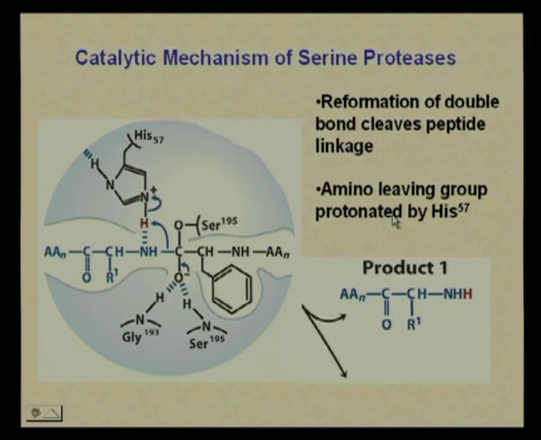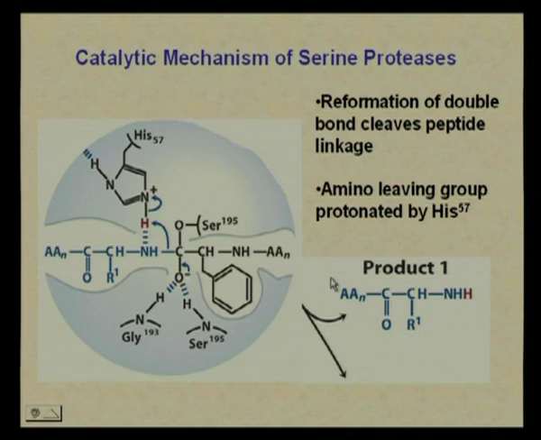It is acting as an acid, because it is protonating this. Initially it acted as a base in taking up the H from, where did it get the H from? From the serine. So, it got the H from the serine and now it is giving the H to the NH part of the polypeptide chain to form the NH2. So, this is the first product formed, right?